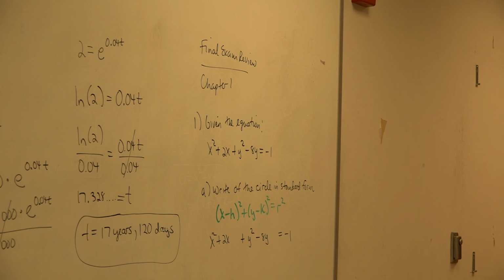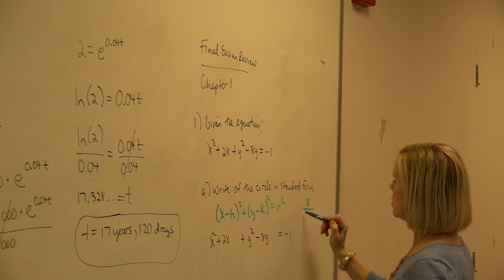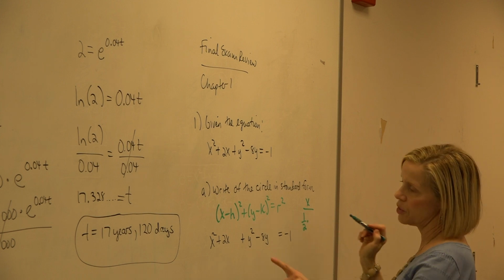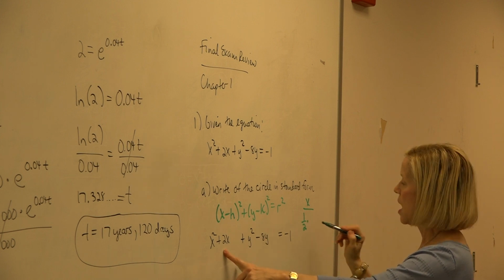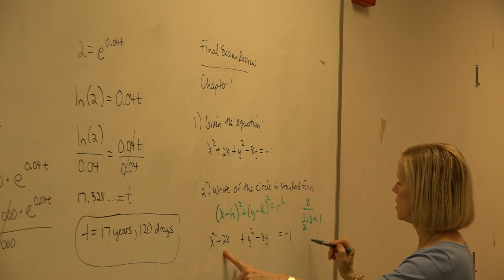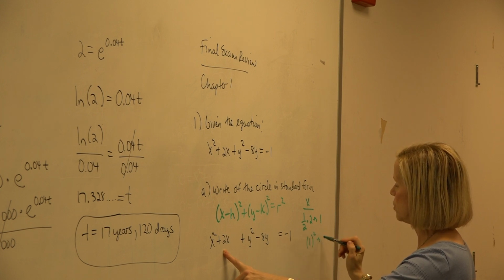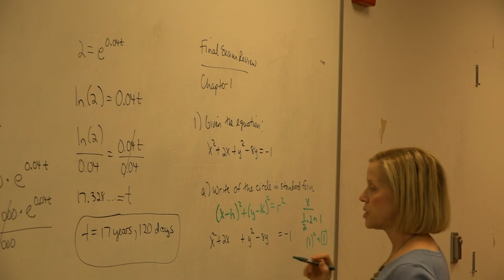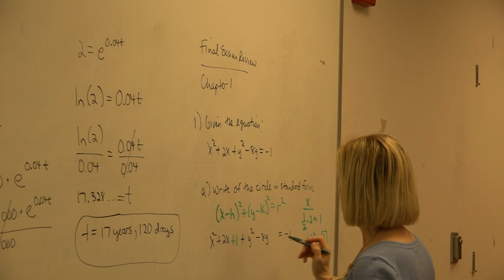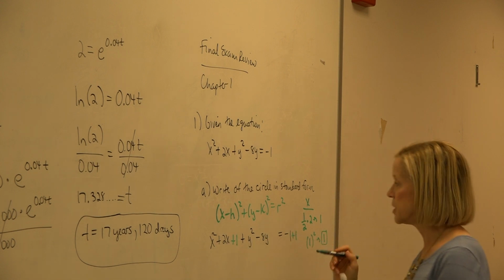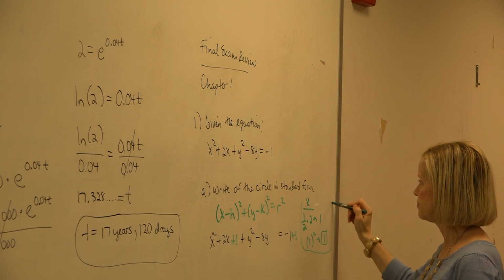So we need to complete the square for x. So we're going to take half of what number to complete the square for x? 2. Half of 2, which is 1, and we're going to square it, which gives me 1. So we're going to add 1, and whatever you do on the left, you must also do the same on the right.